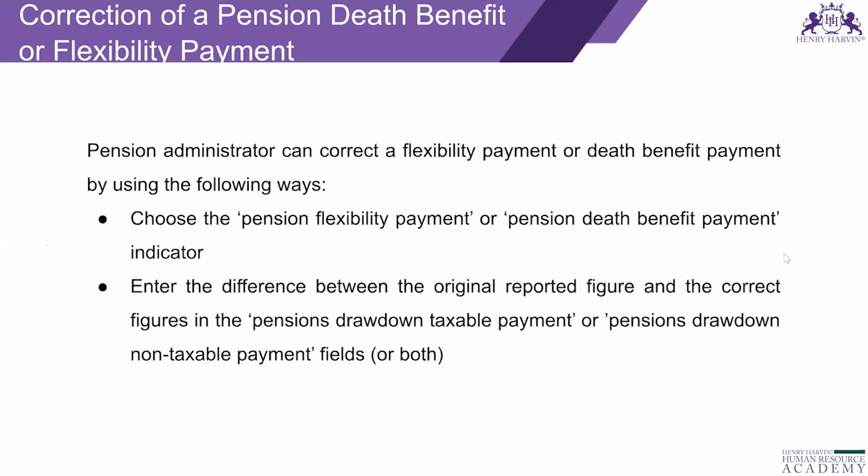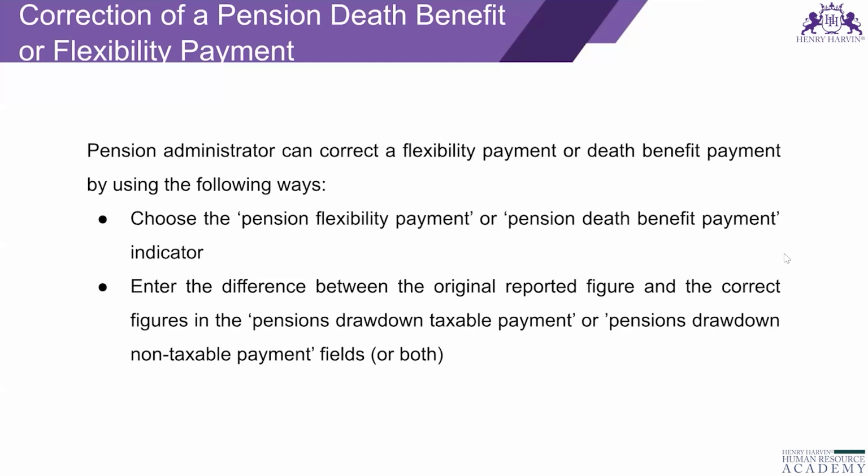Correction of a pension, death benefit, or flexibility payment. A pension administrator can correct a flexibility payment or death benefit payment in the following ways. Choose the pension flexibility payment or pension death benefit payment indicator. Enter the difference between the original reported figure and the correct figures in the pension drawdown taxable payment or pension drawdown non-taxable payment field, or both.